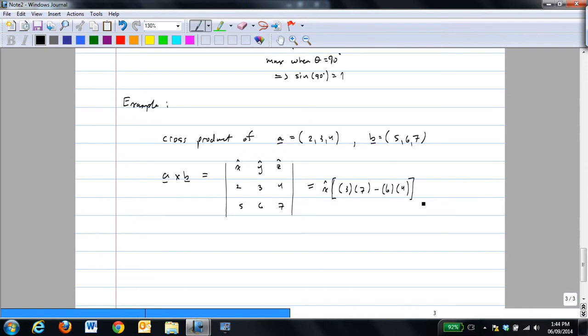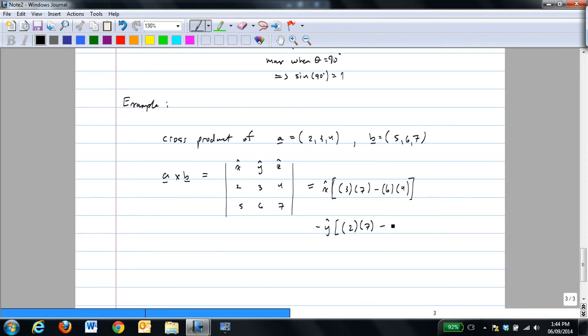And then we put a minus sign for the y. This is just what it comes down to, you just get a minus sign here. And then this component will be 2 times 7 minus 5 times 4, because we're now covering up this middle row here, and all we're left with is these numbers here and these numbers here.